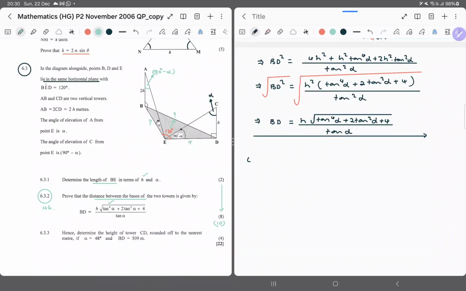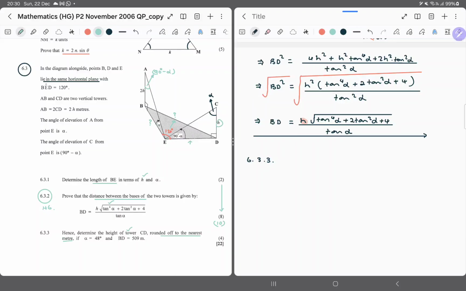So we're going to do 6.3.3. Hence determine the height of the tower CD rounded off to the nearest meter. If alpha is that, BD is this. So what is the height of the tower, guys? CD is actually h, and we have h in our expression, so we just isolate that.